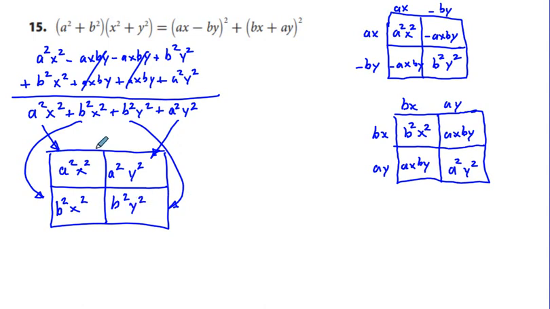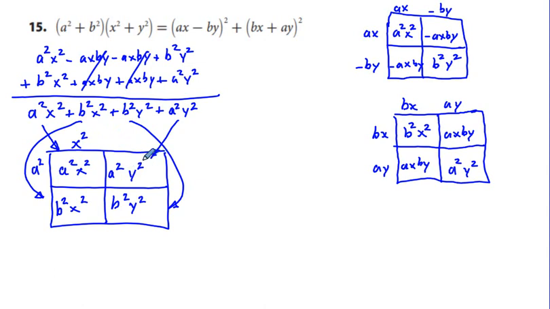And so what we have here is, up above, what is a squared x squared? Well, it's going to be the product of a squared, which I'm writing outside on the left, and x squared up above. And on the upper right, what are we going to have?